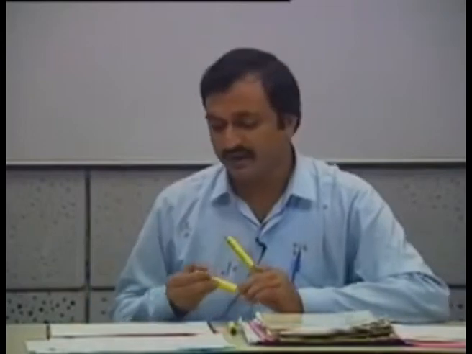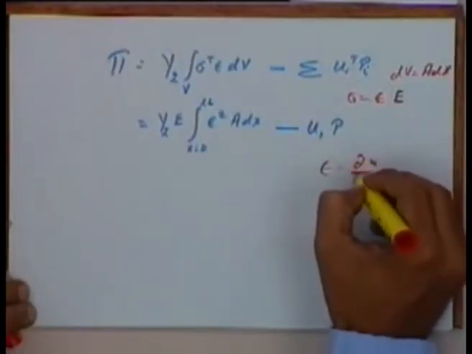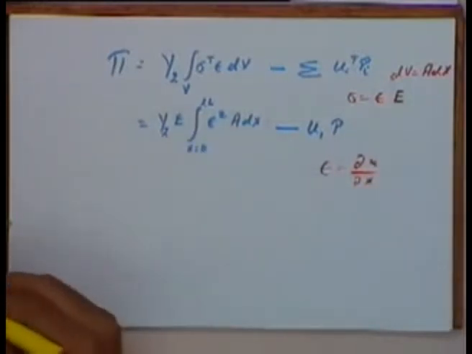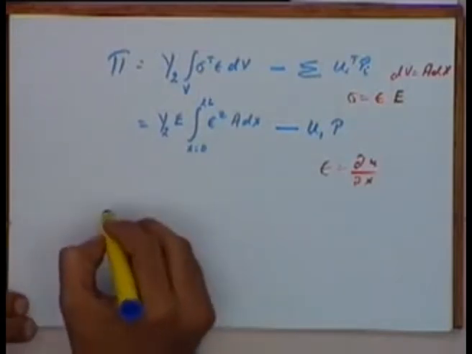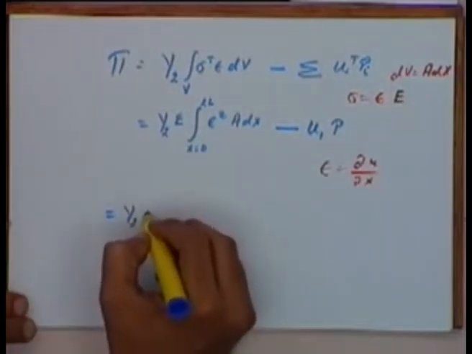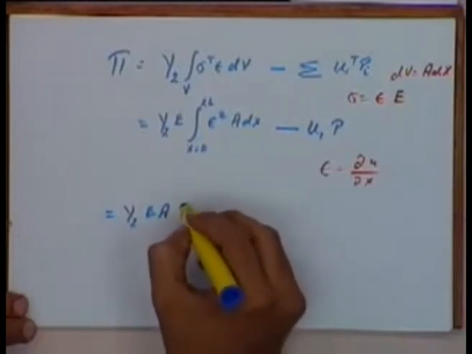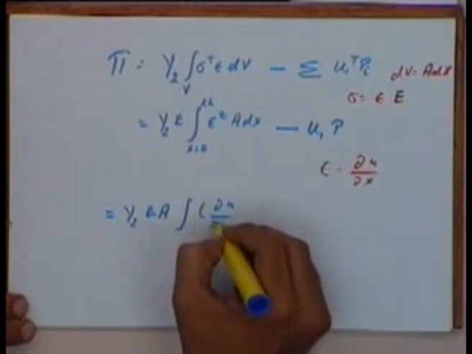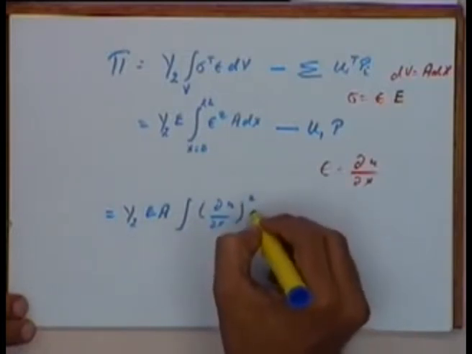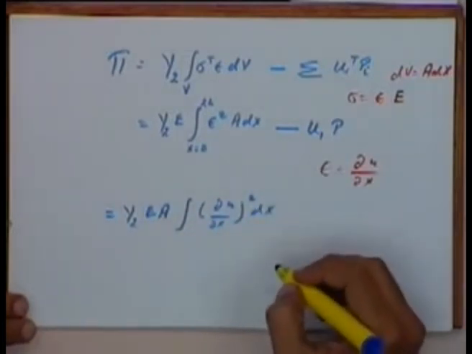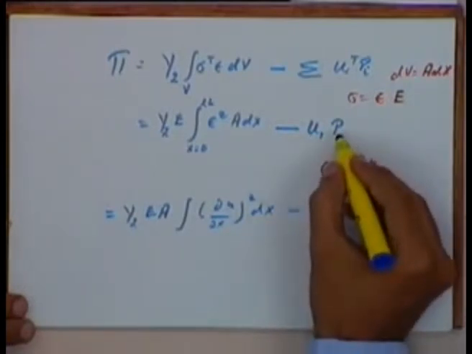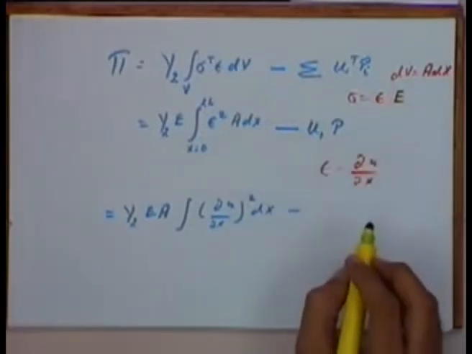Now we will make use of the fact that epsilon is equal to del u by del x. So our expression for pi will become half E A times the integral of (del u by del x) whole squared dx, minus u1 times P.